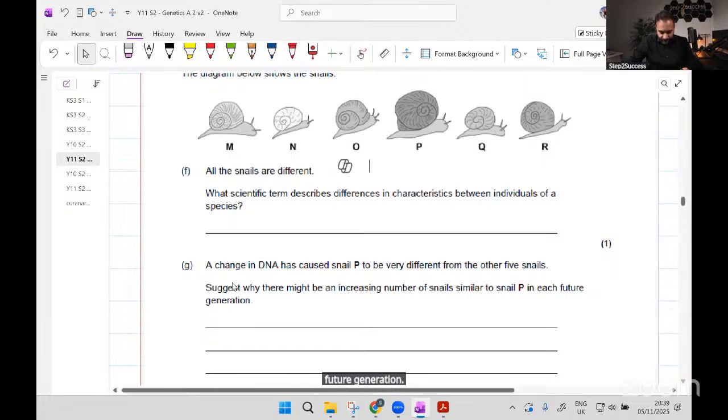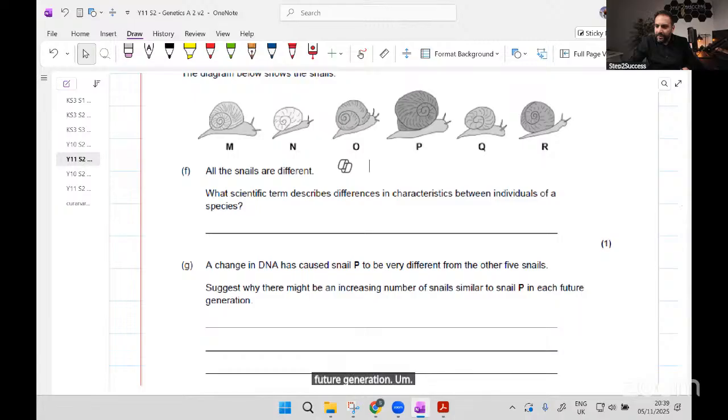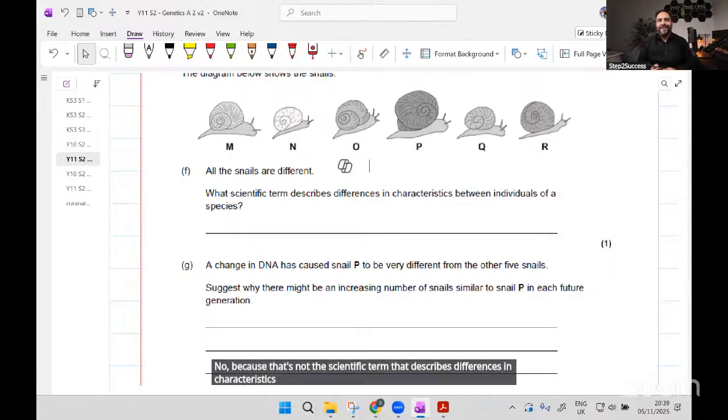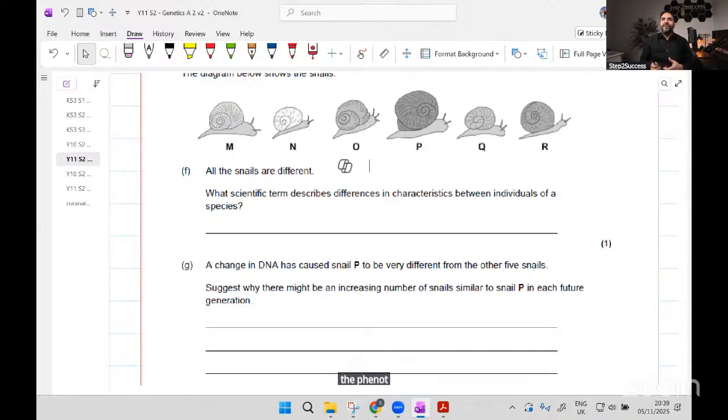Oh, can 3F be phenotypes? No, because that's not the scientific term that describes differences in characteristics between individuals. The phenotype is the description of your combination of alleles, like if you've got FF, then it means you've got cystic fibrosis or whatever it might be. So it is only variation for that one.